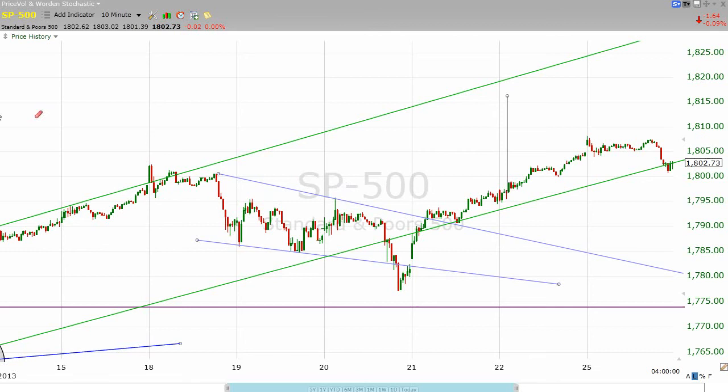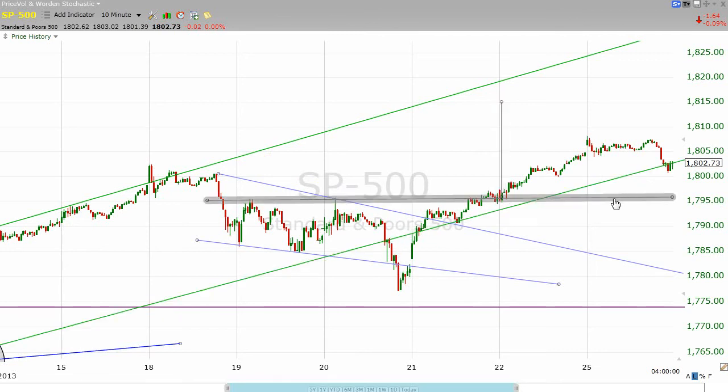And this is what I'm going to show you. You could see I had that line drawn right here. And if that is a workable neckline for this pattern, then you can see that we have not made that target yet, and we should get up to about 1815.